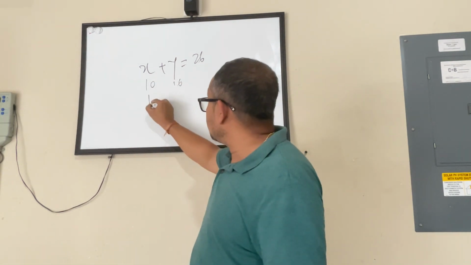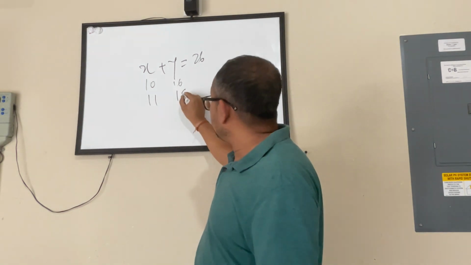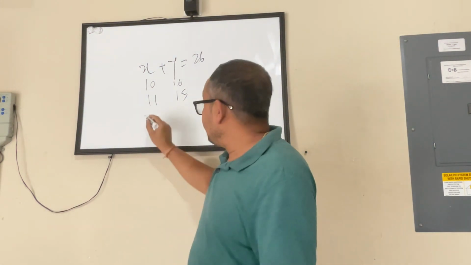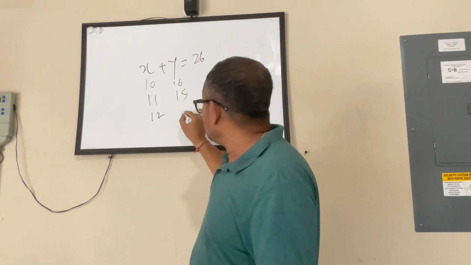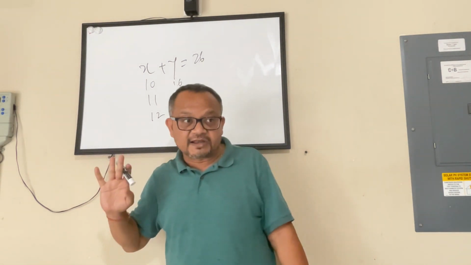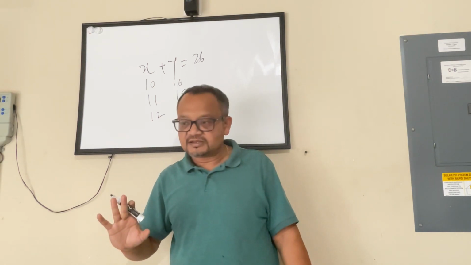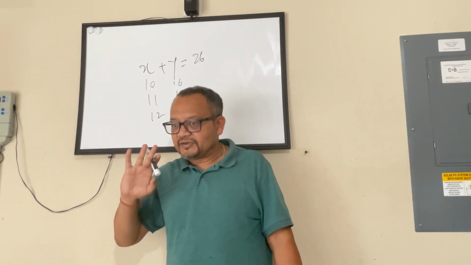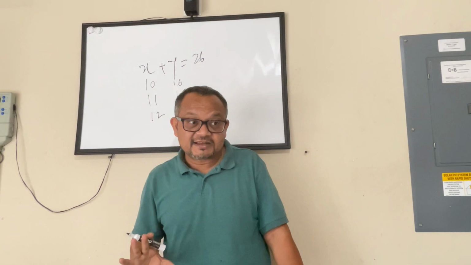If my one kid is 11-year-old, second kid is 15. When my one kid is 12-year-old, second kid is 14. This is exact values, equal to sign. We are talking about equality.